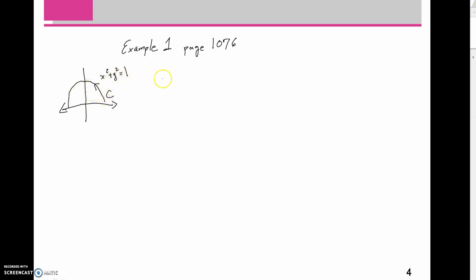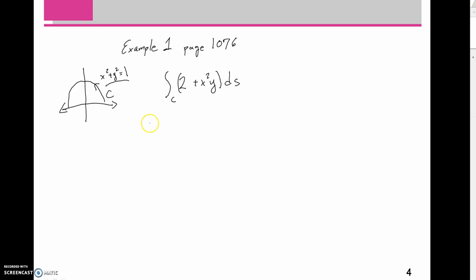And the book is asking us to find the line integral of (2 plus x squared y) ds. The first issue here is that we're going to have to parameterize the function x squared plus y squared equals 1.